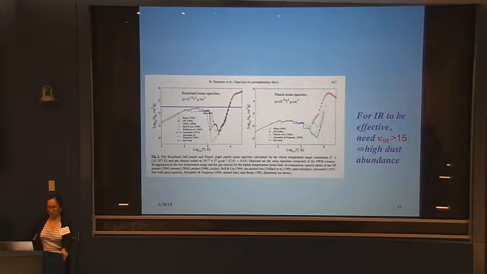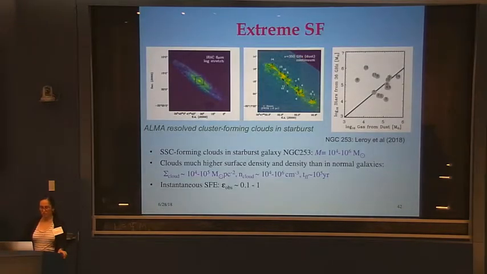For example, if there's a top-heavy IMF or if the dust is enhanced, then you could get above the critical value in order for IR radiation to be important. So that is probably part of why the star formation efficiencies in these clouds appear to be so high, because the collapse time is so short, and so supernovae can't be affecting them.